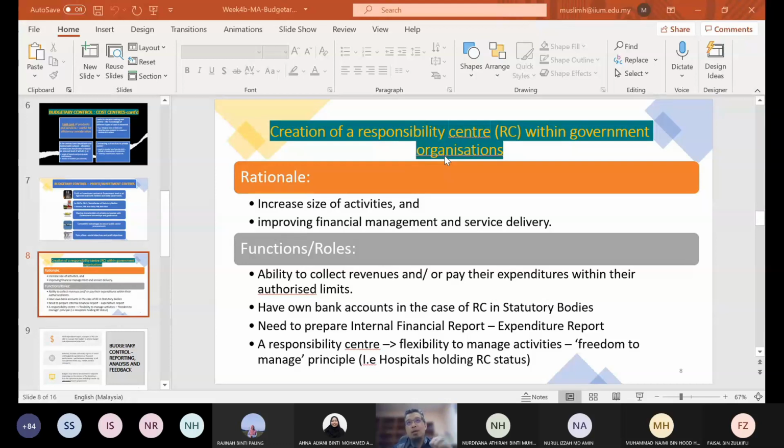So from your personal experience, you can apply this to government organizations, to what extent the financial and operational flexibility can be delegated to the responsibility centers. If they hold responsibility center status, generally they have that flexibility to make payments. The allocation is given to them. I just mentioned selecting clothes.